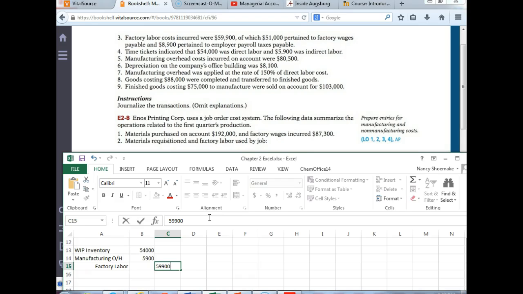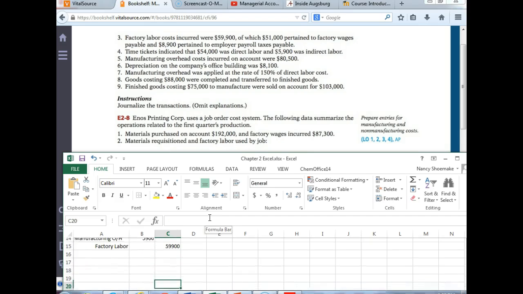Next, manufacturing overhead costs incurred on account were 80,500. So where does that go? Goes directly to manufacturing overhead, doesn't it?